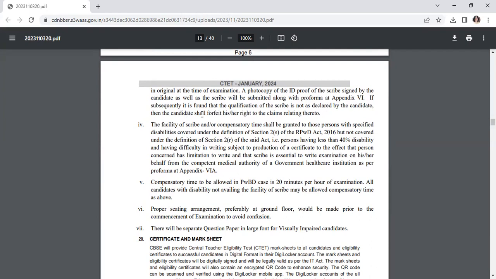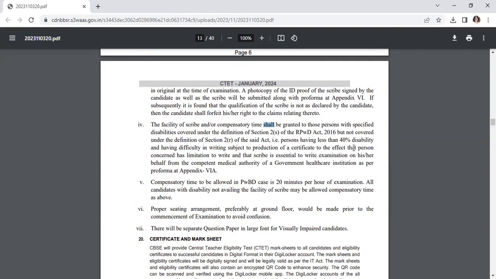If it is subsequently found that the qualification of the scribe is not as declared by the candidate, the candidate shall forfeit his or her right to claims relating thereto. The facility of a scribe and/or compensatory time shall be granted to those persons with specified disabilities covered under the definition of Section 2S of the RPWD Act 2016, but not covered under the definition of Section 2R of the said Act.